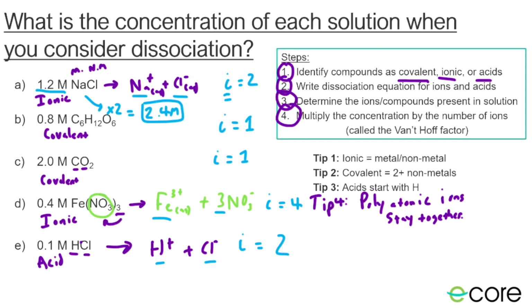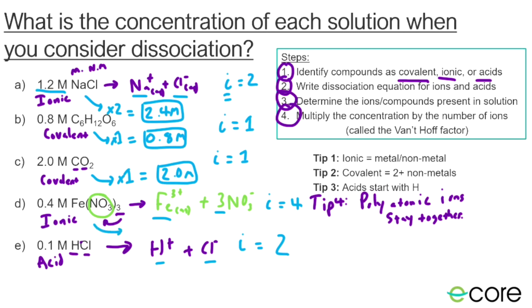For my sugar, I'm just going to multiply by 1. So there's no change there from thinking about dissociation because it doesn't split up. So it's 0.8 molar. All right, now CO2, same thing. That doesn't split up, so it's going to be times 1. So it stays the same at 2.0 molar because it doesn't split apart. Our iron nitrate changes the concentration a lot because our i is 4.